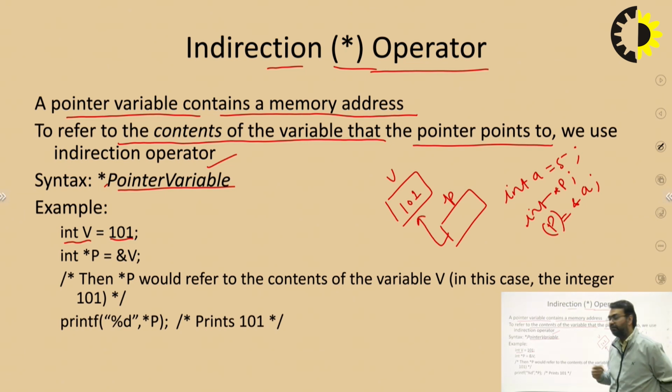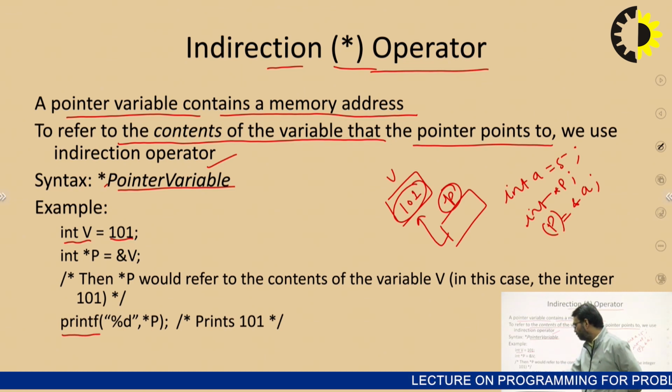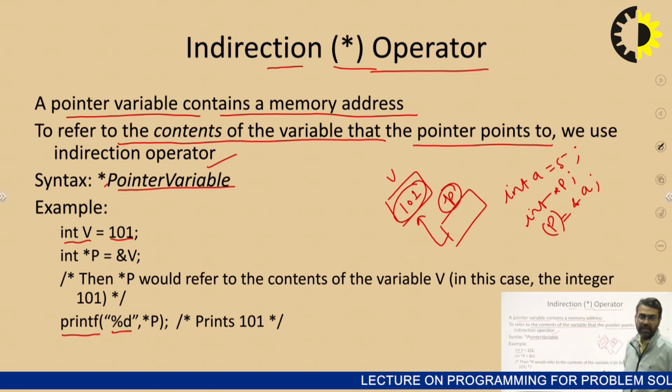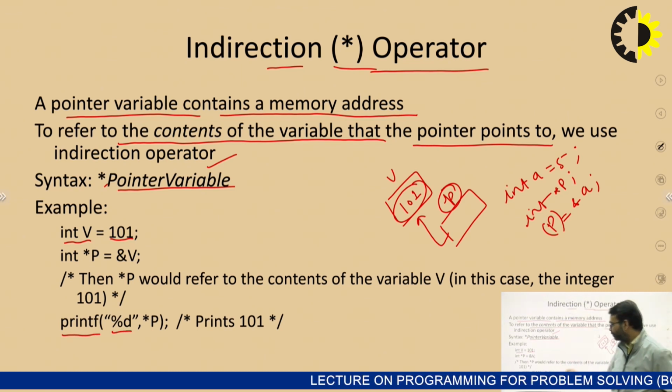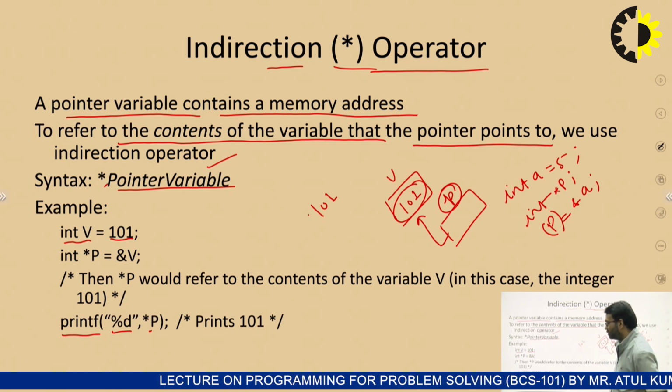Now, if we want to retrieve that value 101 with the help of the pointer, we have to put the indirection operator against the pointer variable name. For that we use printf with %d, because the type of pointer is integer here, and asterisk p. It will show the value 101 on the console.